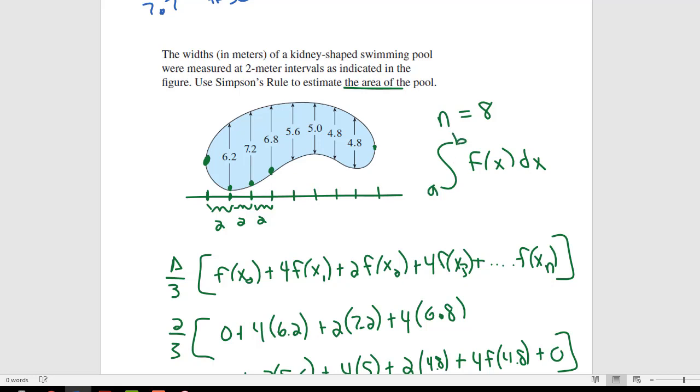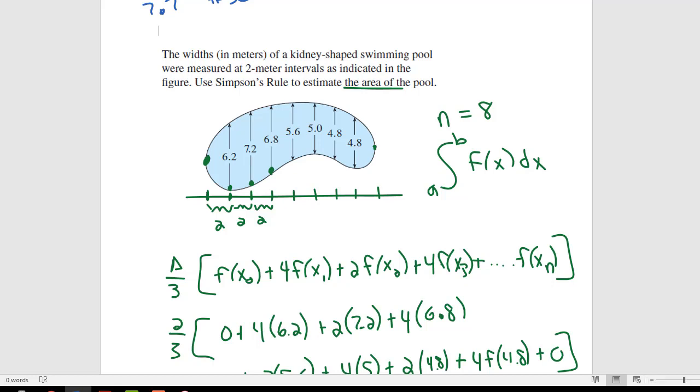That's our area in that case. So we're evaluating this integral, we're approximating this integral. To approximate this integral, we're using Simpson's rule to make that approximation. I should have started there. We're estimating area. Area is an integral, and there's our Simpson's rule.